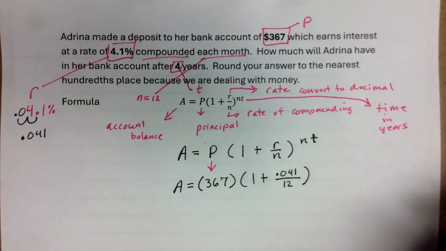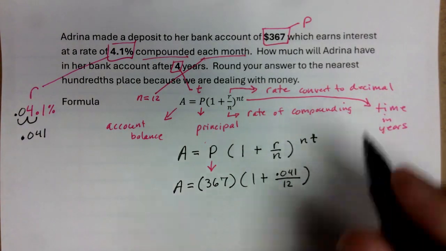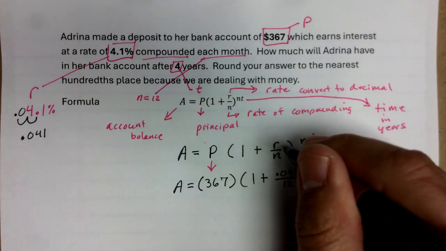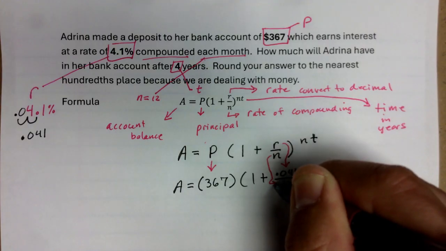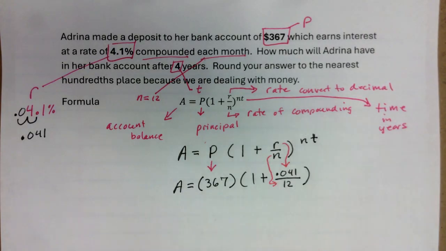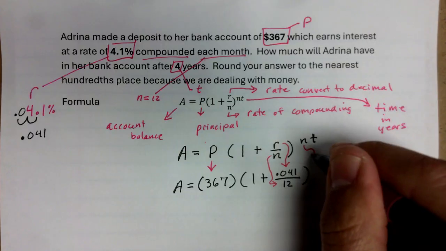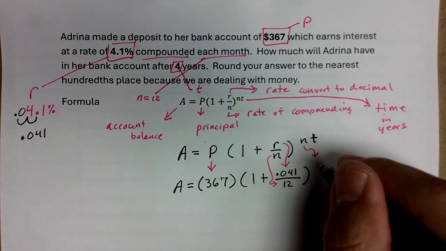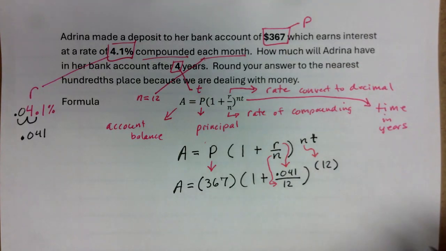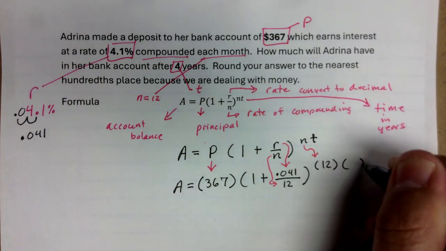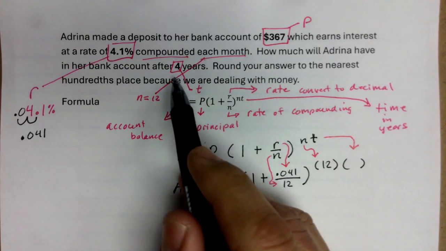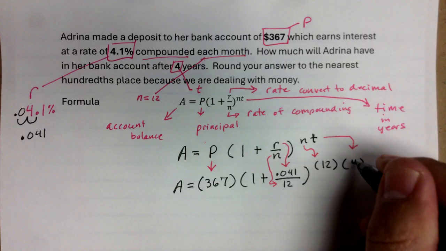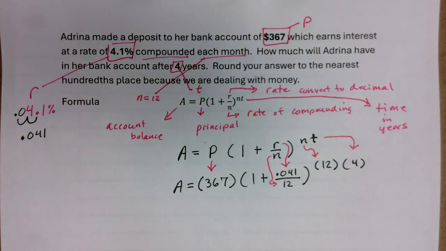So 12 close parenthesis to the power of N. Just so you can see where I'm getting all these numbers, that's my R. This number down at the bottom is my N. And then I'm going to use N again. Notice it shows up 2 times. You're also going to use it in your power, so 12 again. And then times T, the time in years, which said 4 years.